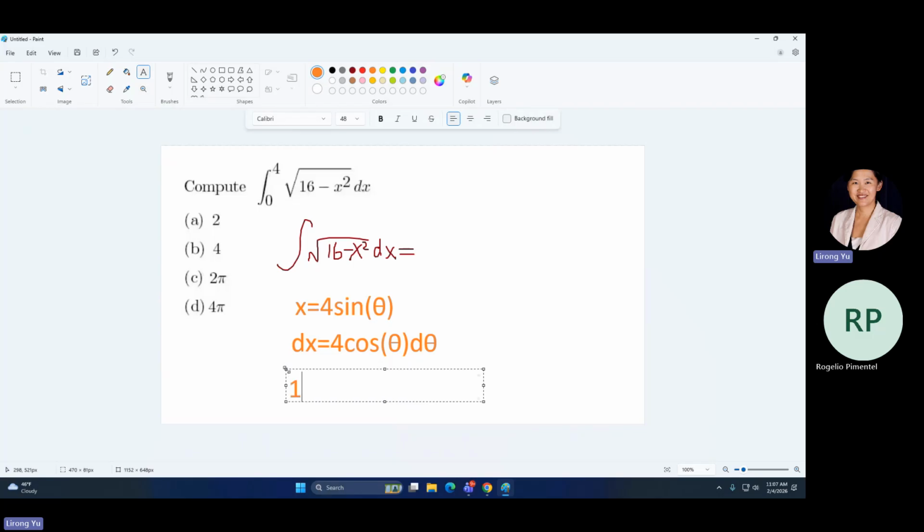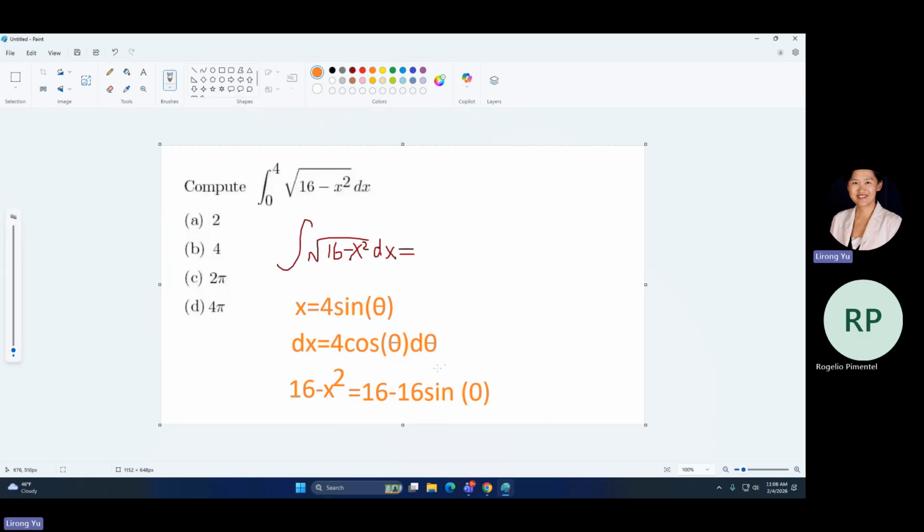So in the root, we have 16 minus x squared. Now with our substitution, it becomes 16 minus, x is 4 sine theta, so x squared is 16 sine squared theta. Then you factor out the 16.